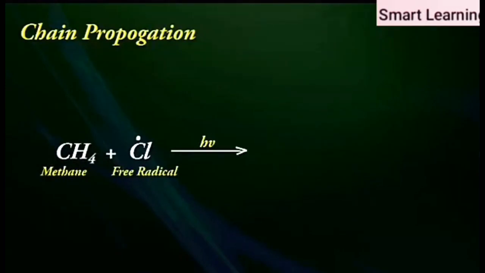Chlorine free radical attacks the methane molecule and takes the reaction in the forward direction by breaking the C-H bond to generate methyl free radical with the formation of HCl. The reaction is as shown.